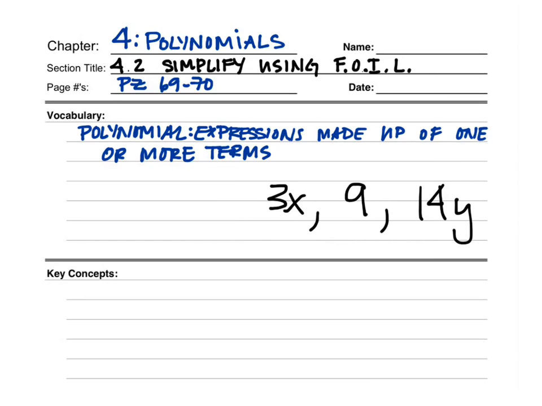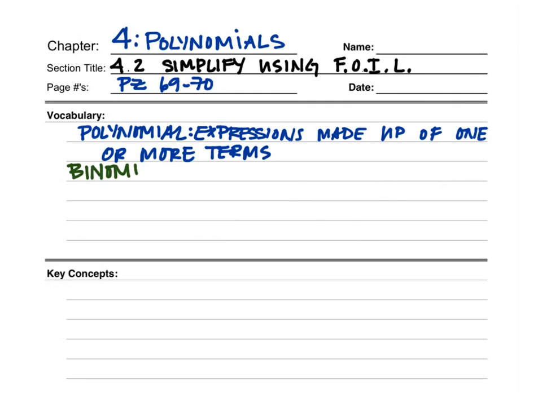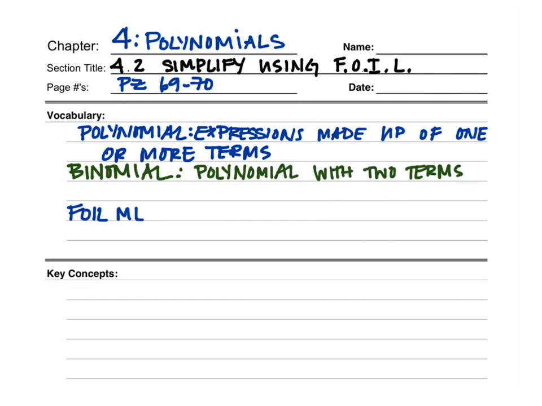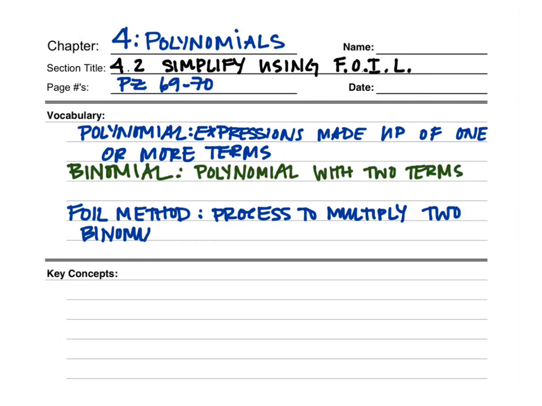These are just specific terms. Okay, moving on from there, we're going to talk about binomials. So the binomial, again, is where we have a polynomial that has 2 terms. And the last piece is the FOIL method, which we are discussing here, is the process to multiply 2 binomials in order to simplify.